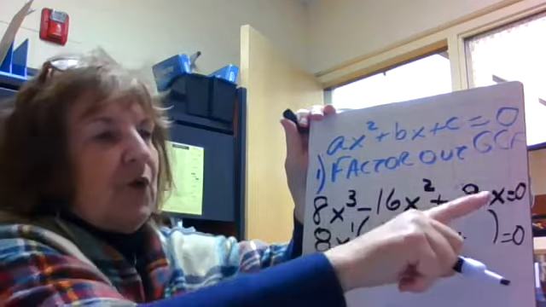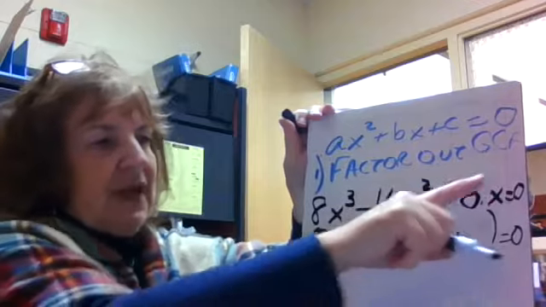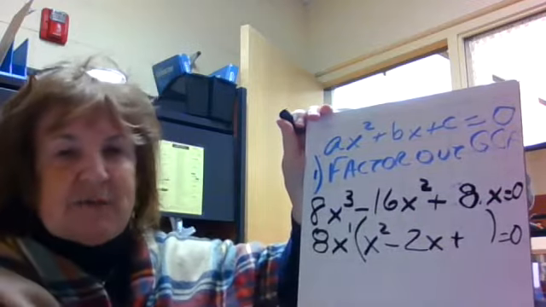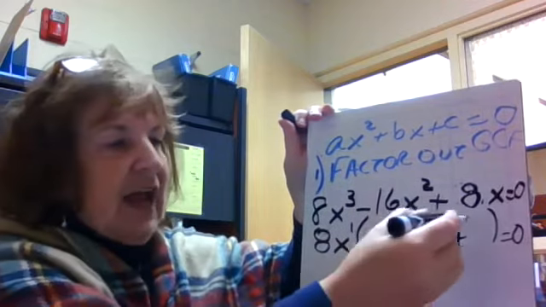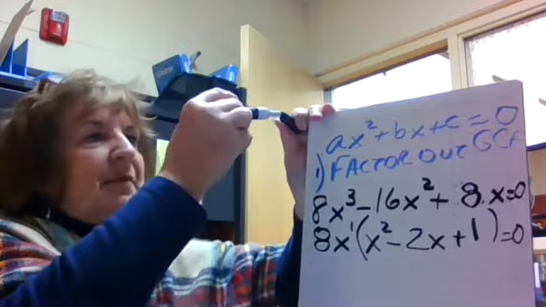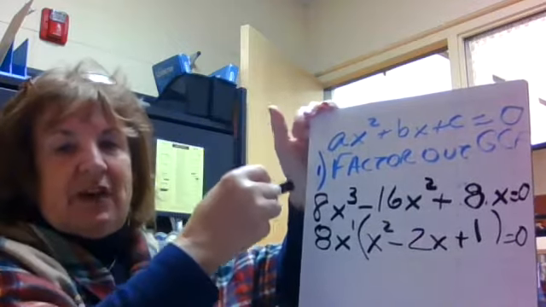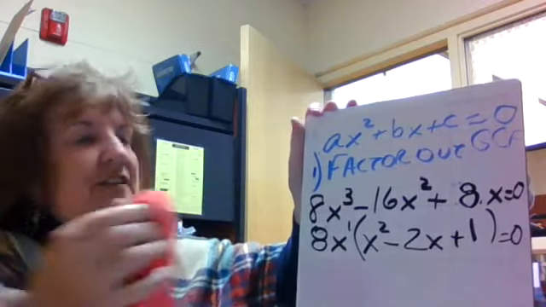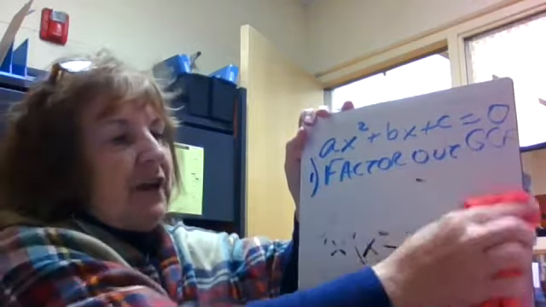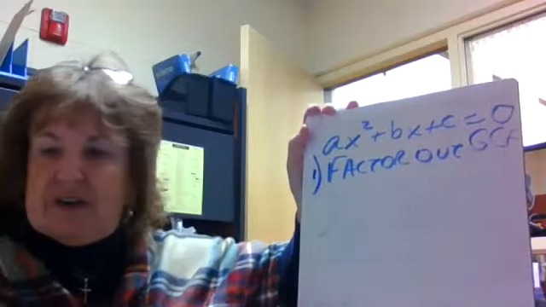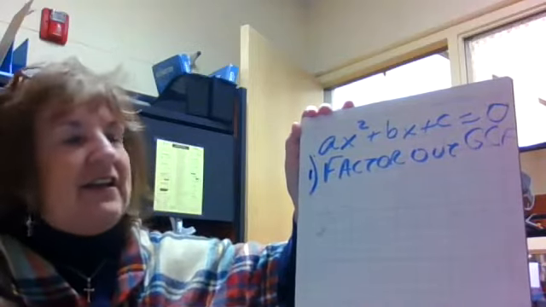But when the x's are gone, because 1 minus 1 is 0, I can't leave this spot blank. So I have to put the 1 there. You don't have to put the x because the x doesn't have an exponent anymore, but you do have to put the 1. So that's the first step you're going to do when you're factoring. You can't always take a greatest common factor out, but if you can, then you have to.